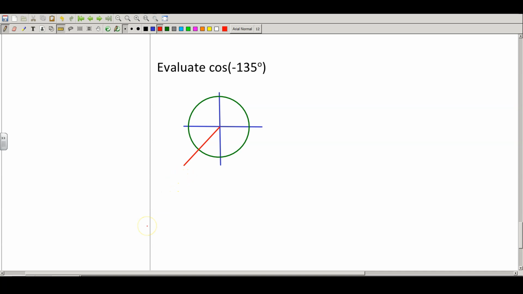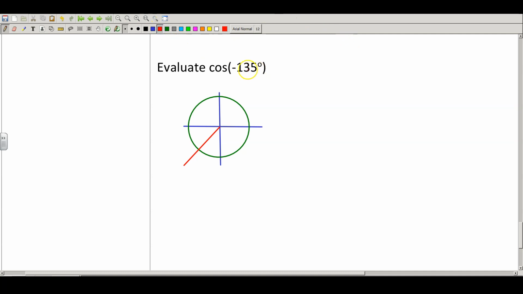Some people can just say, well, positive was up and to the left in that second quadrant. If I go negative, it's going to be in that third quadrant, as if I rotated the other way. But in that case, you can figure out where it is, but you can also just find a coterminal angle with negative 135 to make sense of the problem if you're a little bit unsure.